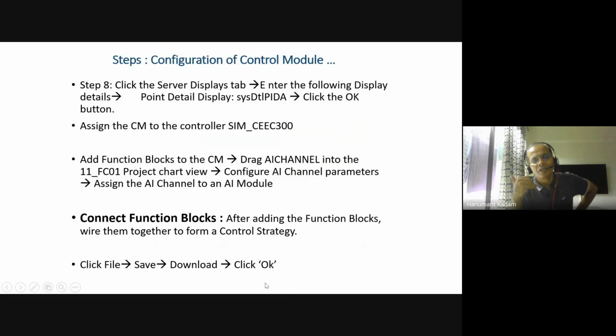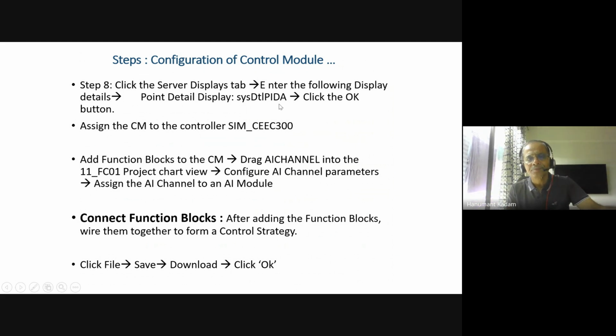Step 8 is click the server display tab and enter the following display details: point detail display, system data point. Click the OK button, and assign the control module to the controller. This is the name of the controller, and you assign this control module 11 underscore FC01 to this controller.